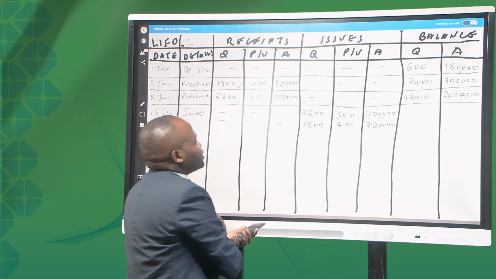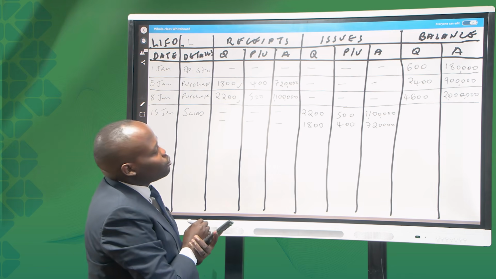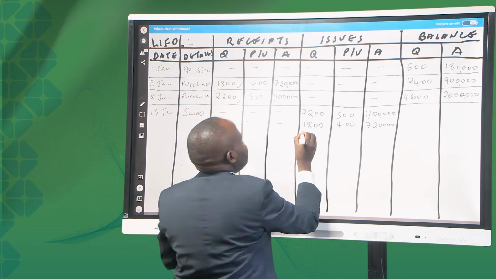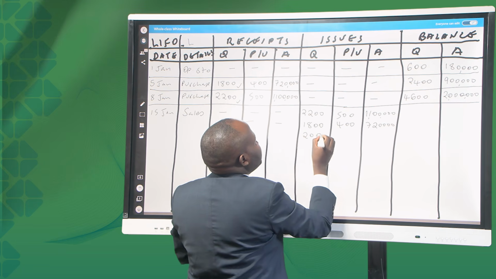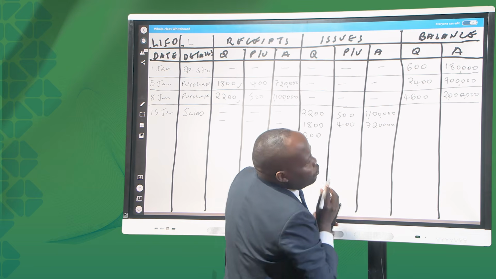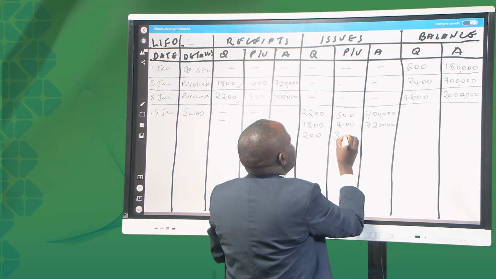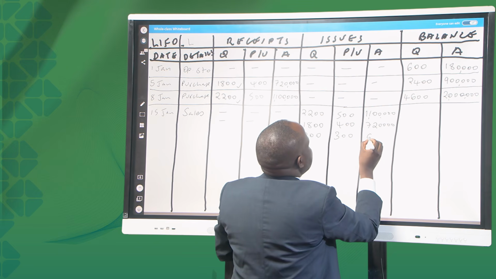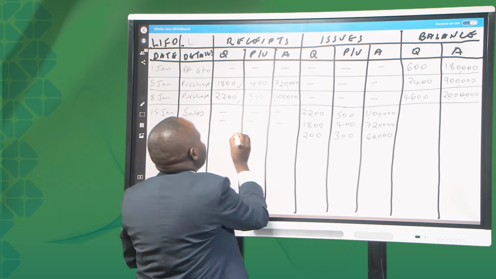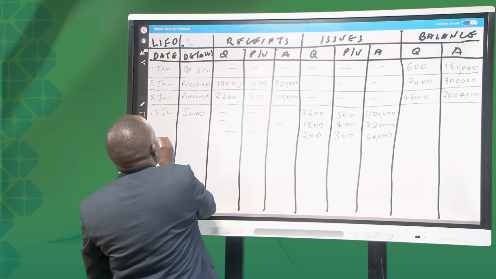So this gives us a total of 4,000 issued. And in the last one, 200 at a price of 300 gives you 60,000. So that is what happened on that date.